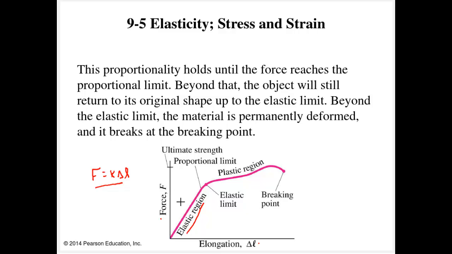Once you have stretched a spring or an object past that point, it enters this region right here called the plastic region, and in that region the object will not return to its original shape. That would be the case right here. If you applied a force to a spring and you just let it go, it's going to return to its original shape. There is deformation going on here in this plastic region.